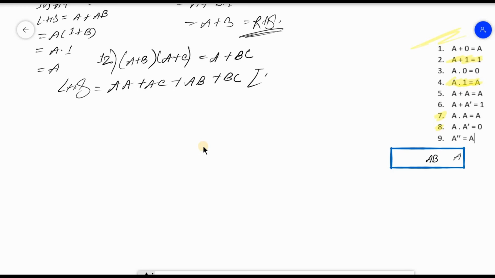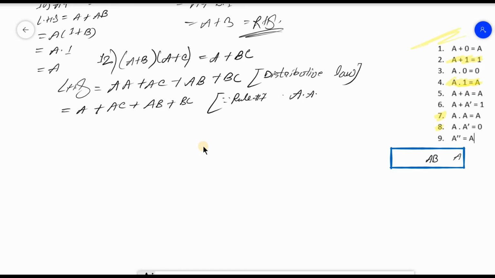So we performed the distributive law here, if you remember the distributive law, and then we are going to rewrite the equation as follows: A plus AC plus AB plus BC. In this one we implemented rule number 7, which says A dot A, or A multiplied by A, is equal to A. Now we can again rewrite this equation into a further simplified form.